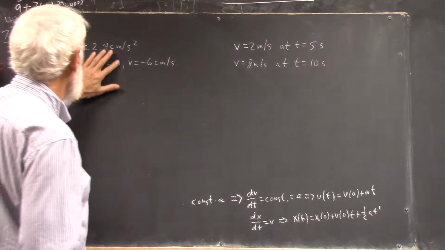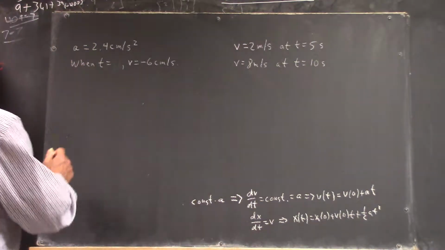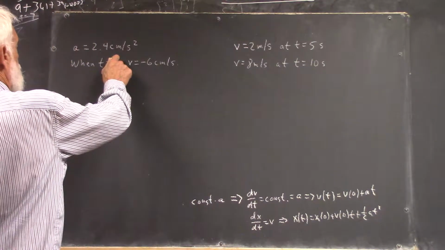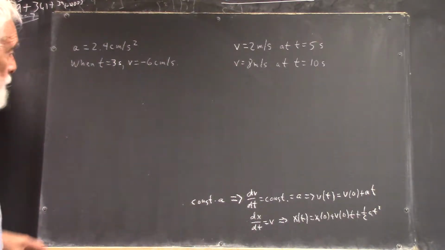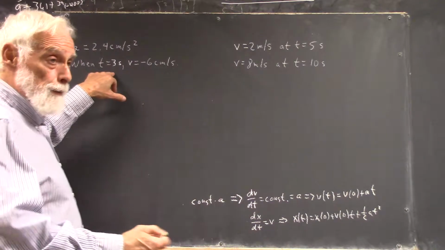And actually, I said when t equals 0, let's be a little more general. When t equals, let's say, 3 seconds, v is this. Because you can give any time, it doesn't have to be 0.